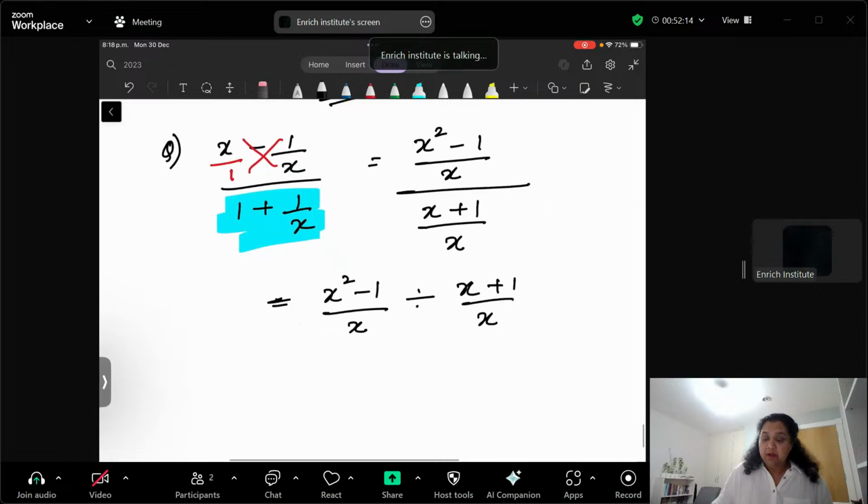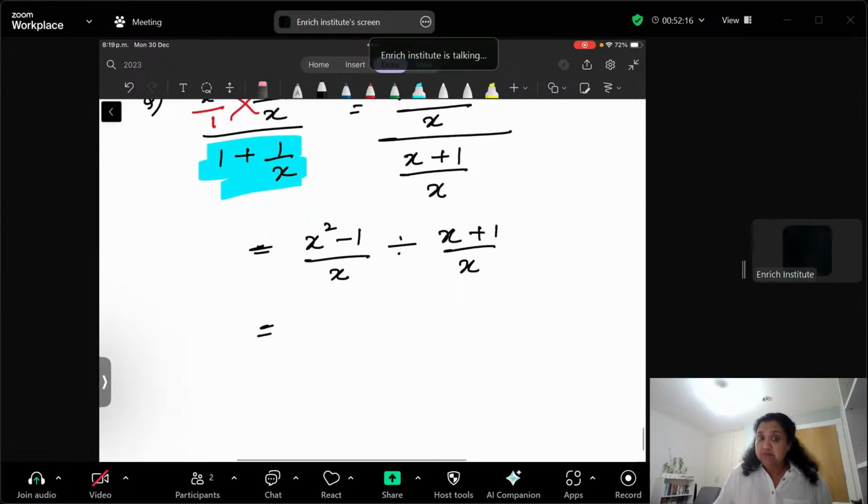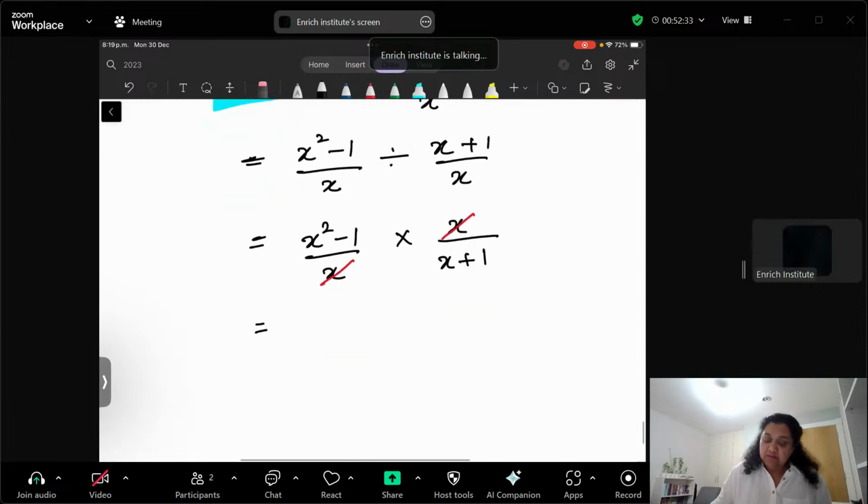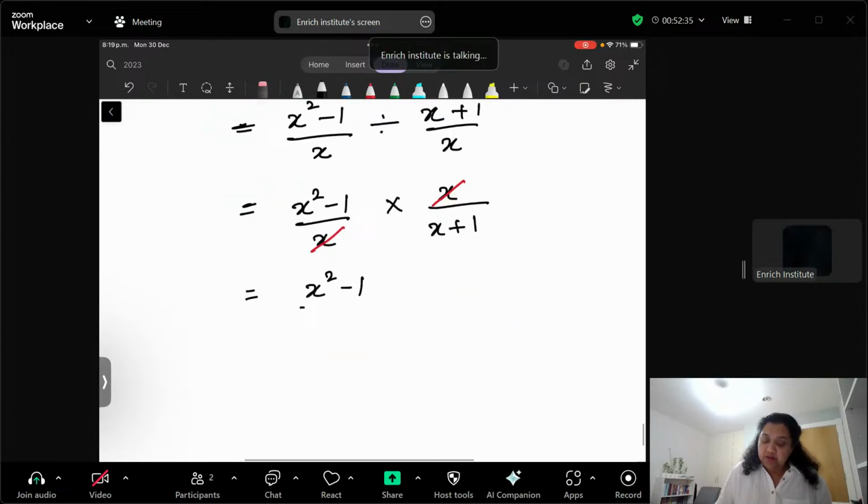Now remember, whenever there is a division of fractions, you need to multiply by the reciprocal. So that is x squared minus 1 divided by x multiplied by x divided by x plus 1. So I just twisted the fraction. Now I can cancel this off, and that is x squared minus 1 divided by x plus 1.